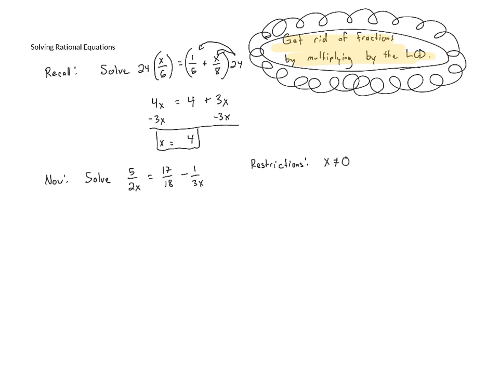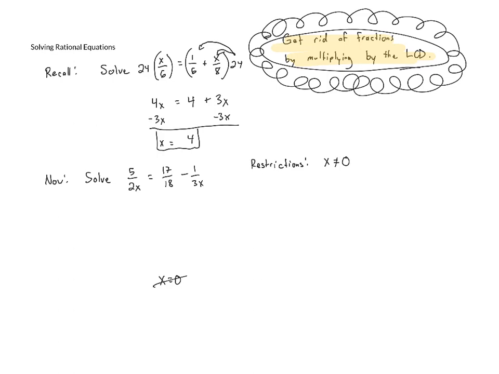Now, why am I saying this? Because it's possible that we go through all the steps to solve this equation, and in the end, we end up with x equals 0. If that happens, we have to throw that away. It's not a real solution.